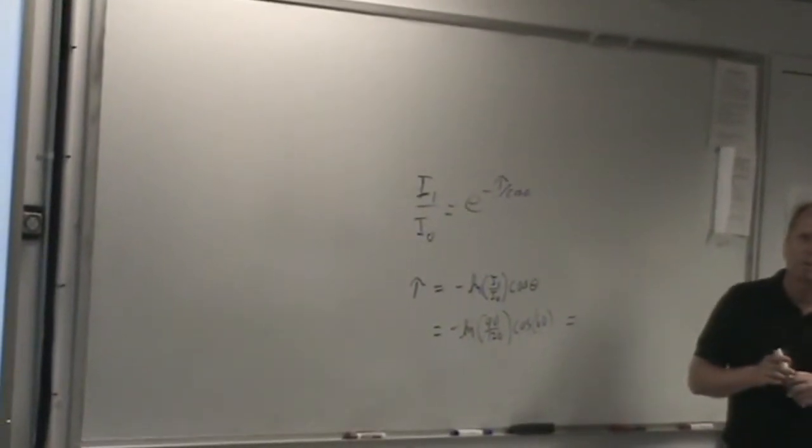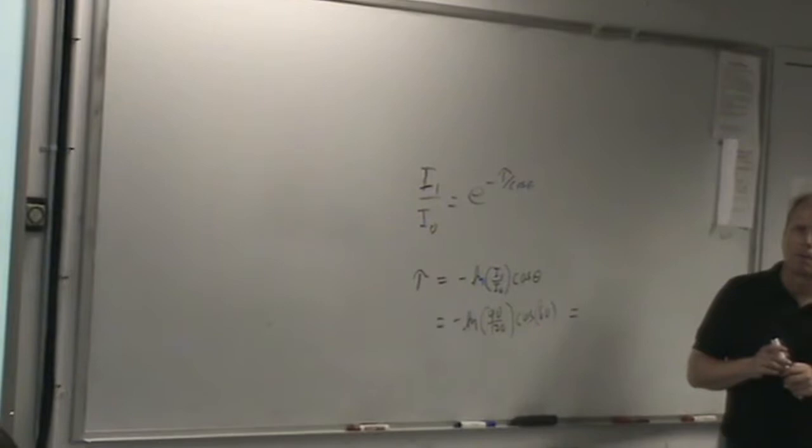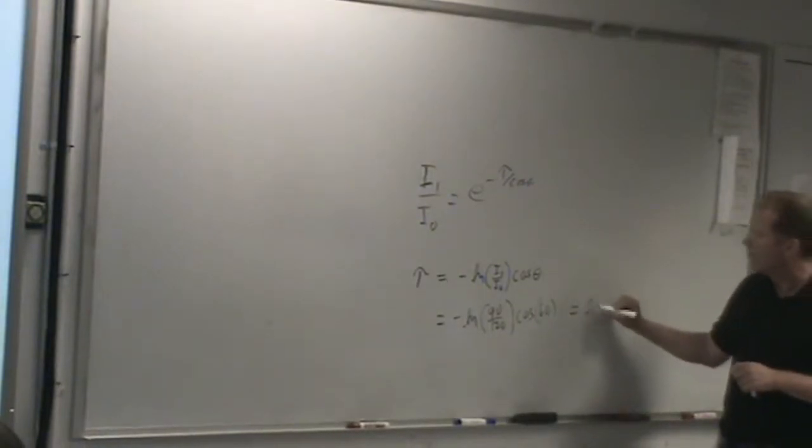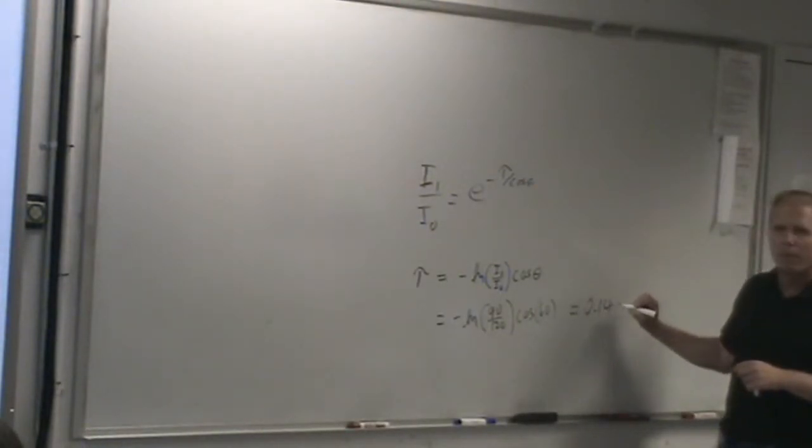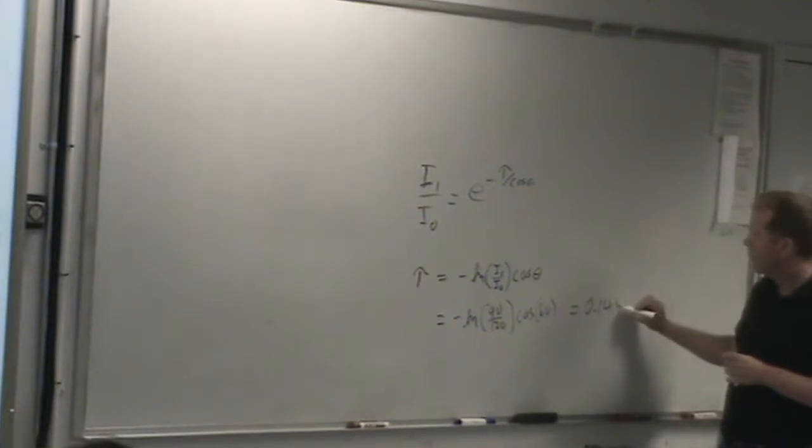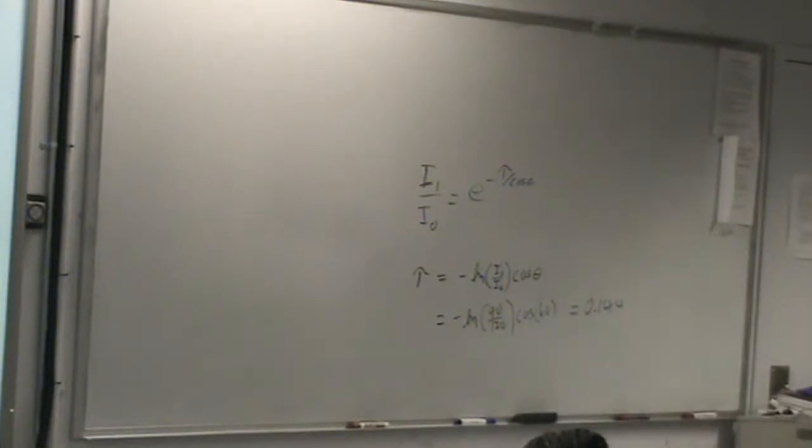What do you end up with for your optical depth? 0.144. Something like that. Okay.